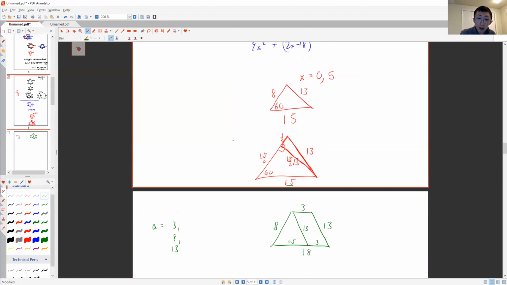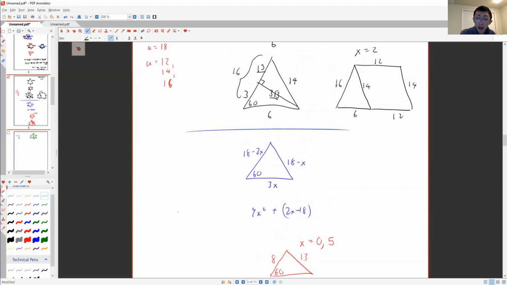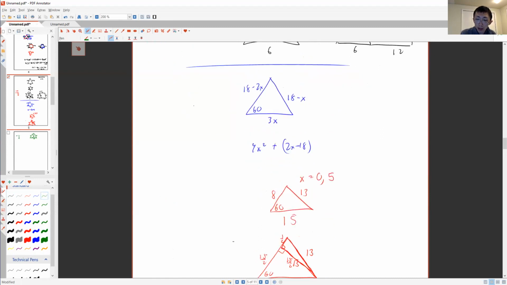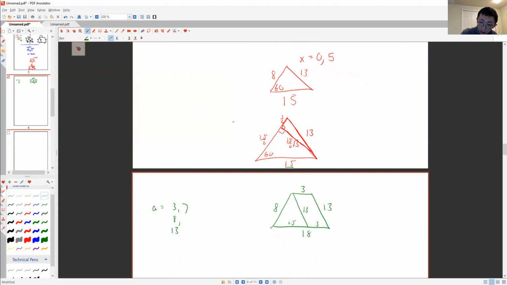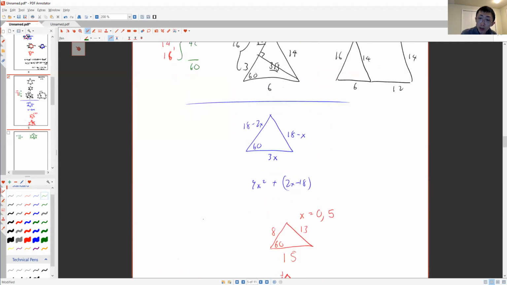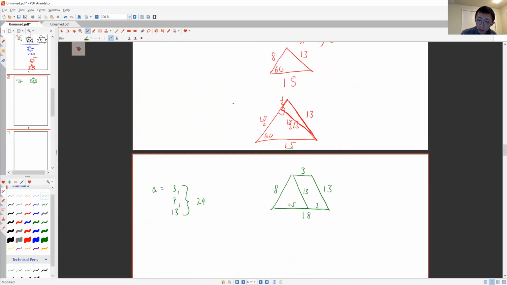So if we sum up all the possible values of a, these three sum up to 3 times the middle, which is 42. That adds up to 18. This adds up to 60. And finally, these three sum up to 3 times the middle. They're in arithmetic progression, so it's 3 times 8 is 24. 24 plus 60 is 84. So we get our final answer of 84, and we're done. You can go back and see if that's an answer choice, and in fact, it is.